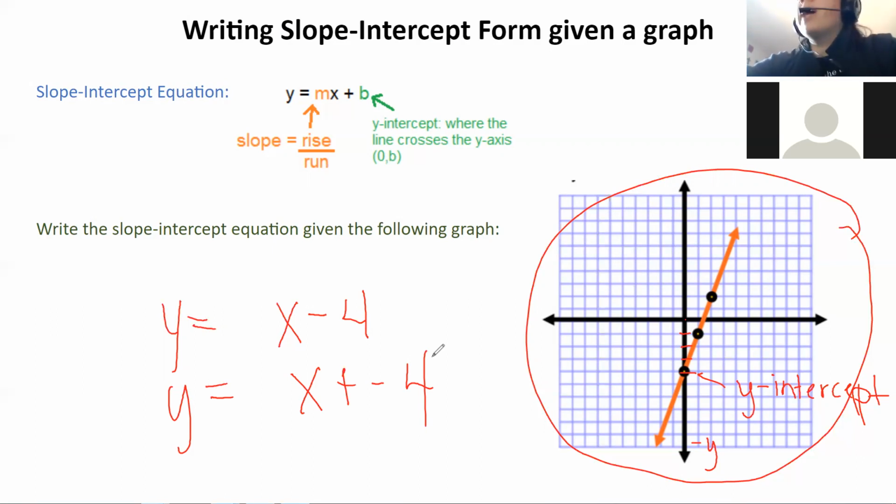So now we got to figure out that slope. And we're going to have to count it, definitely. And that's why it helps to focus on the middle point or the other points. We're going to count how to get from the y-intercept to the next point. What do you guys think the slope of this graph is?